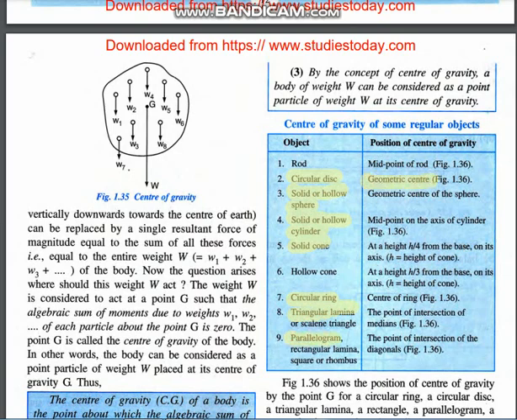That is the geometric center of the sphere, the midpoint of the axis of the cylinder, the height from the base, the center of the ring, the point of intersection of the medians, and the point of intersection of diagonals. Important.